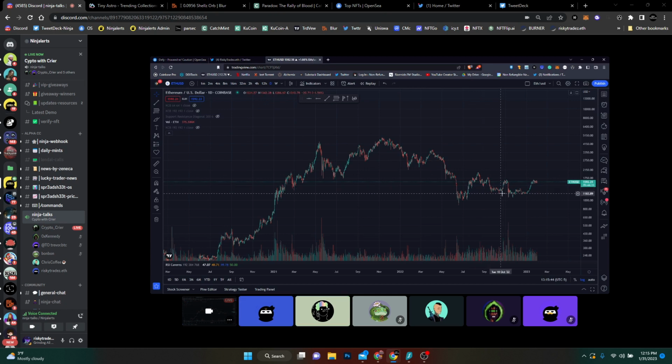Again, there are a lot of different little nuances and structures here, but when I start out with a blank canvas, I had just deleted all my drawings that I usually keep active. I like to use a lot of horizontal lines. Right off the bat, you see this is a really good structural low.